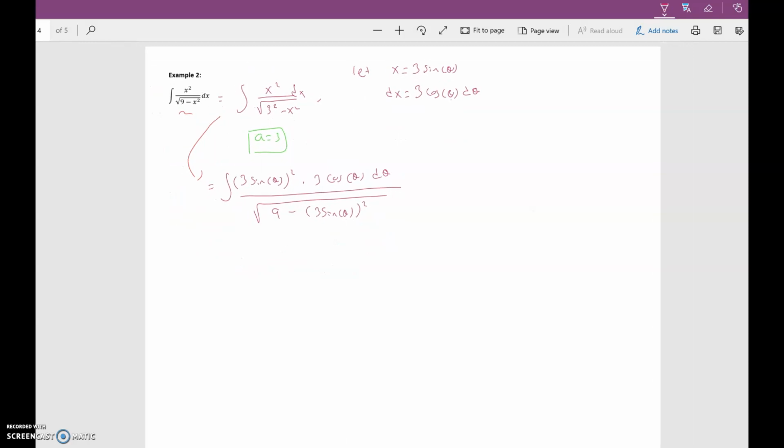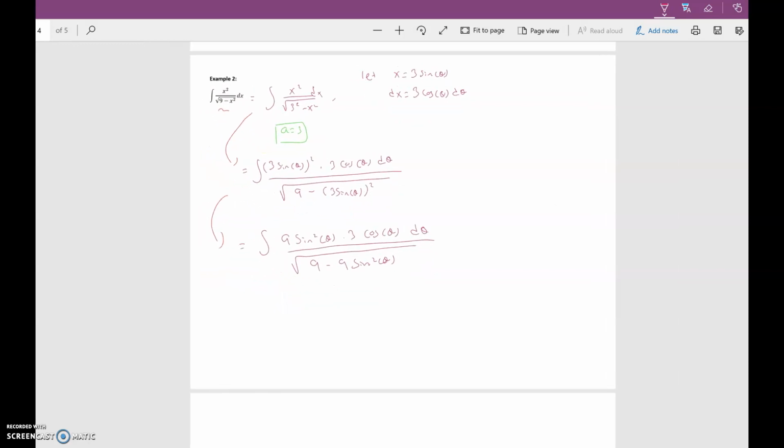Okay, and at this point, we're going to simplify it as much as we can. Careful with the constants. On the numerator, we technically have the integral of 9 sine squared of theta times 3 cosine of theta d theta over the square root of 9 minus 9 sine squared of theta. What you're going to see on these integrals is the same pattern.